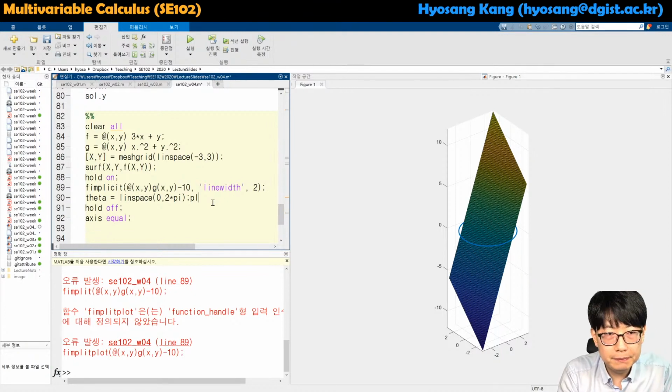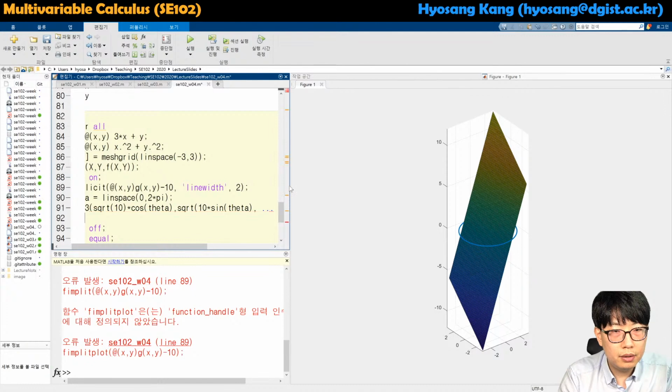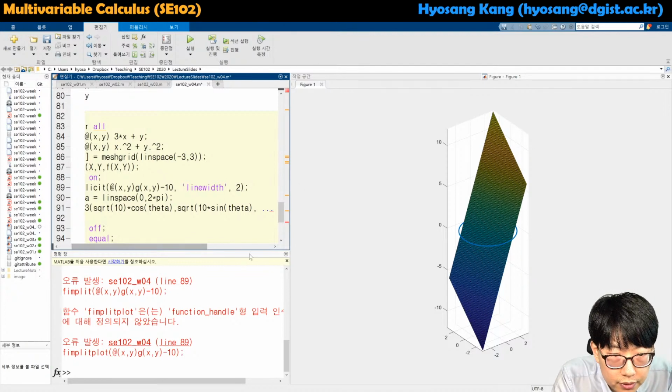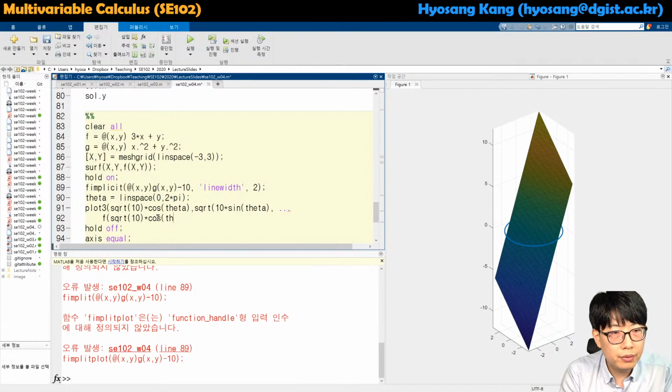So plot x and y as square root 10 cosine theta and square root 10 sine theta, and graph the value of the function f of square root 10 times cosine theta, square root 10 times sine theta.